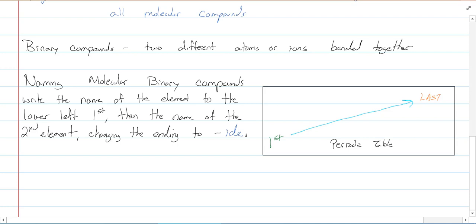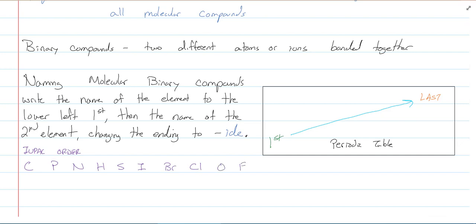Okay, and so technically there is an IUPAC order. And that would be C, P, N, H, S, I, Br, Cl, O, and F. So that's technically the order of the atoms in compounds.